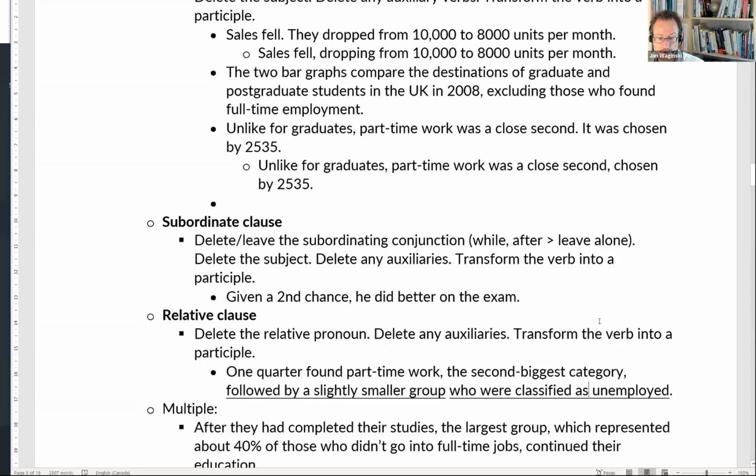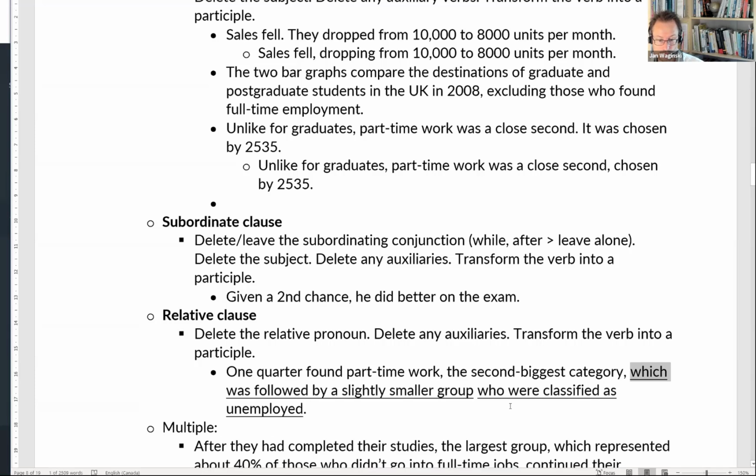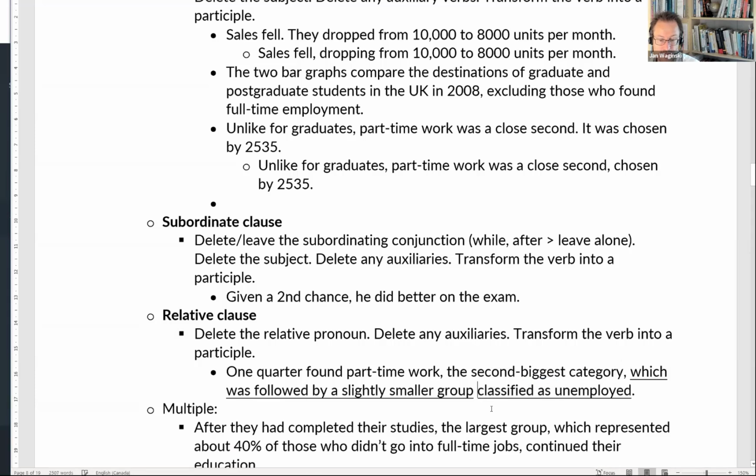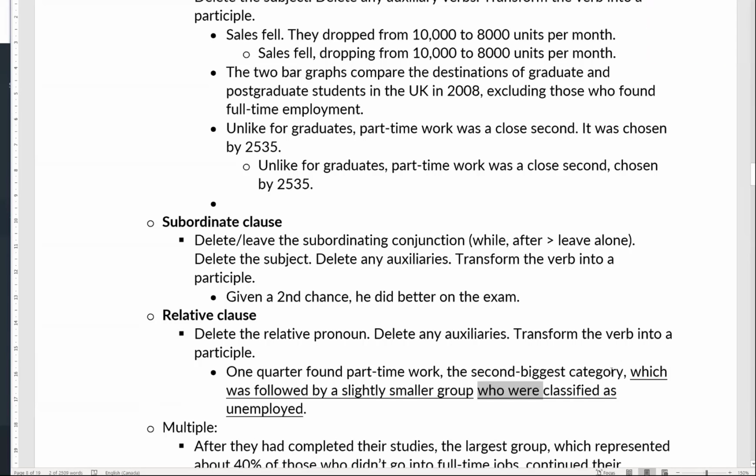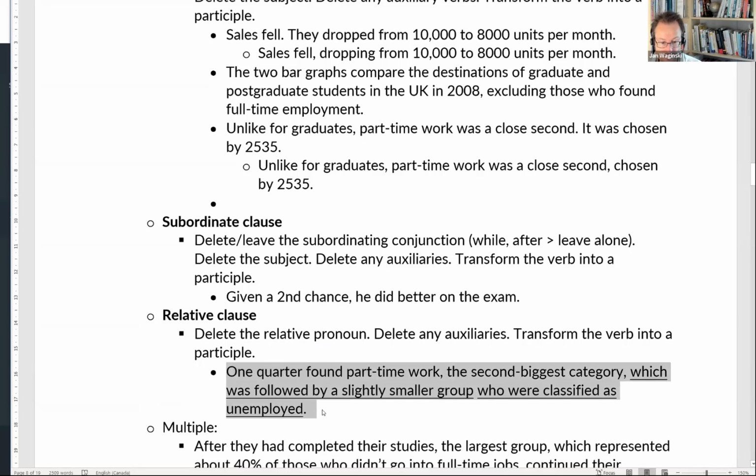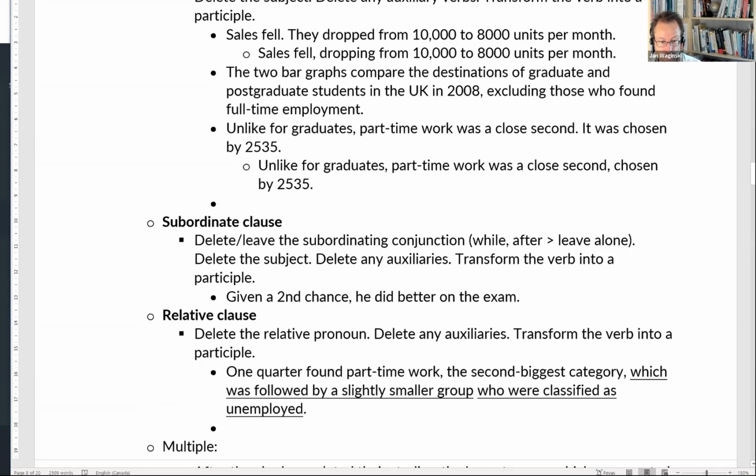Okay. You could also leave the first relative clause and change the second one to a participial phrase. Okay, so it's all about choices. Let me just put those here, those alternatives.